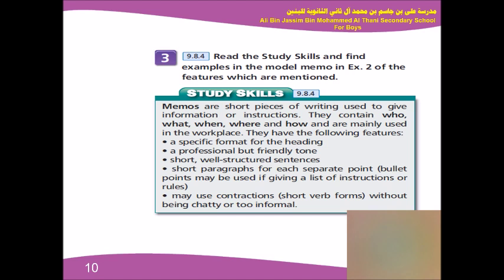Memos are short pieces of writing used to give information or instructions. They contain who, what, when, where, and how, and are mainly used in the workplace. Again, they are used in the workplace. They have the following features: specific format for the headings, a professional but friendly tone, short, well-structured sentences, short paragraphs for each separate point.